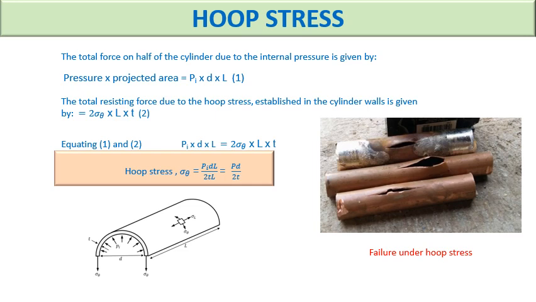For the pressure vessel to be in equilibrium, we need to calculate the force acting on the wall of the cylinder. Due to the inside pressure, the force is pressure into area. Here the area is the projected area, which we can calculate as the diameter into length.